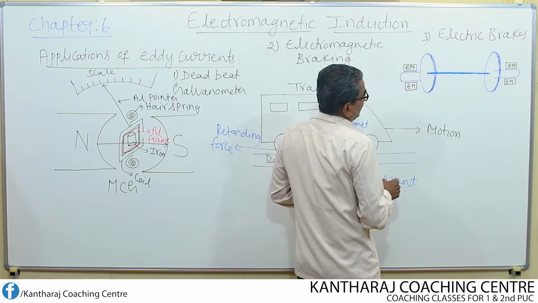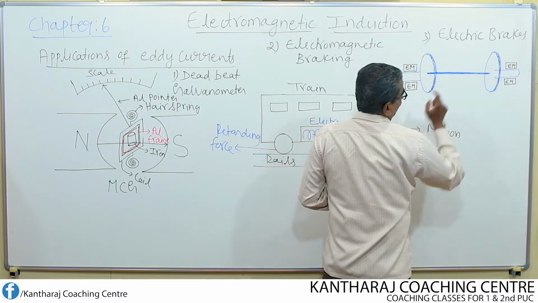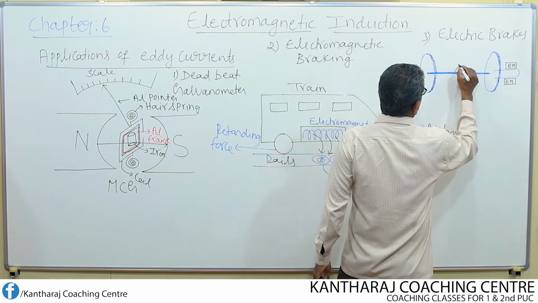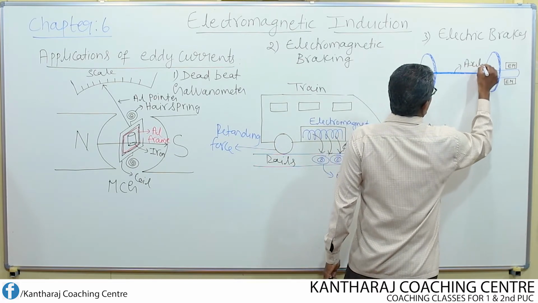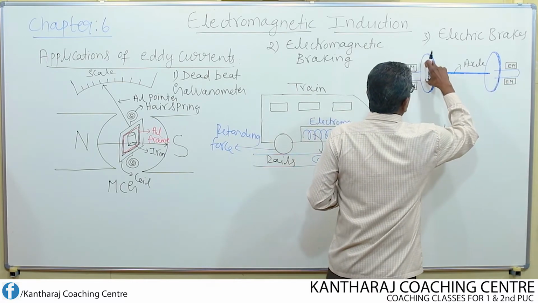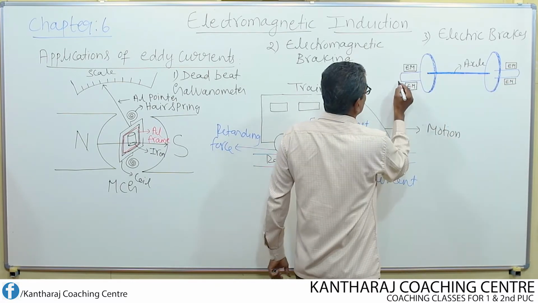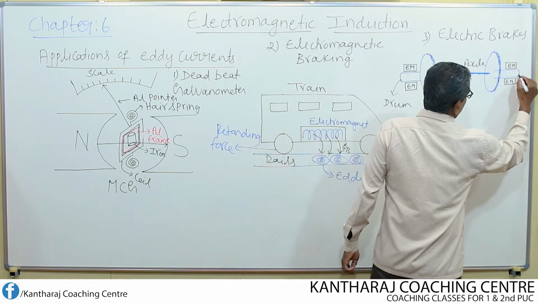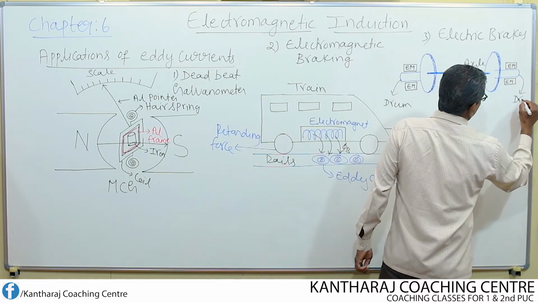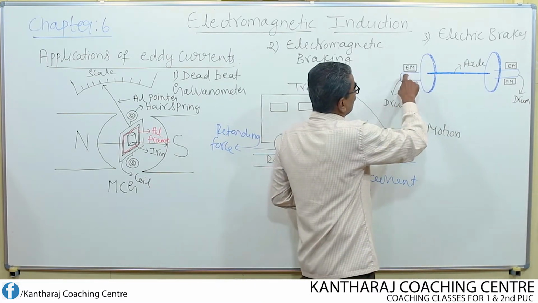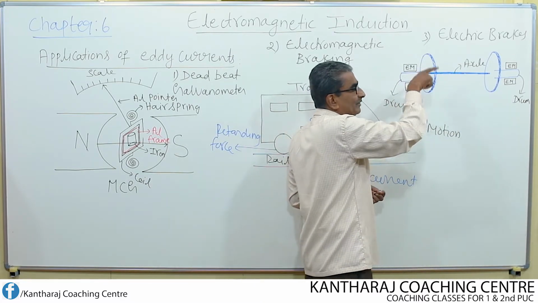Here usually what happens, these are the two wheels of the train connected by means of an axle, a metallic axle. Now two drums are connected to the wheels. So this is one drum and this is another drum. Since the drums are connected to the wheel, the drum will rotate along with the wheel.